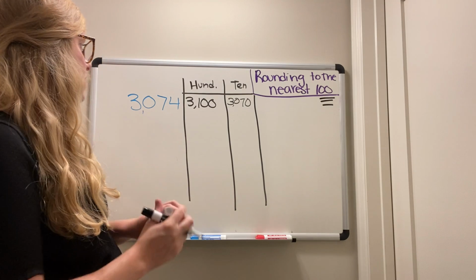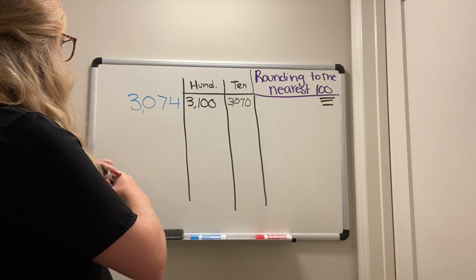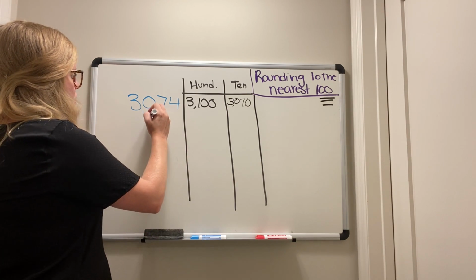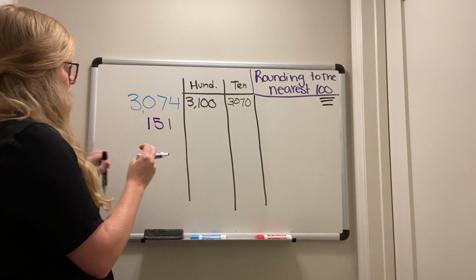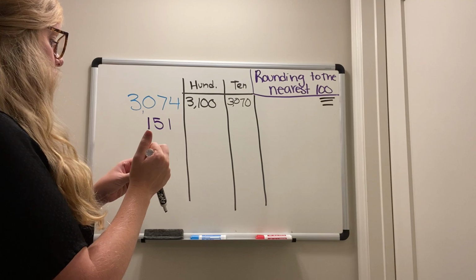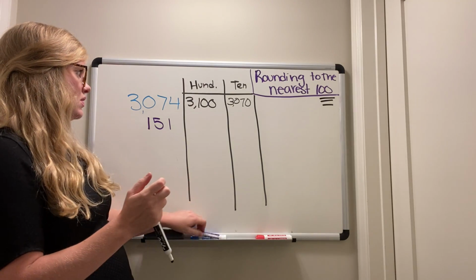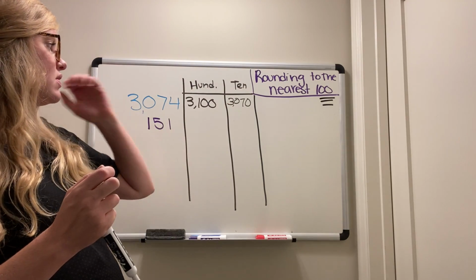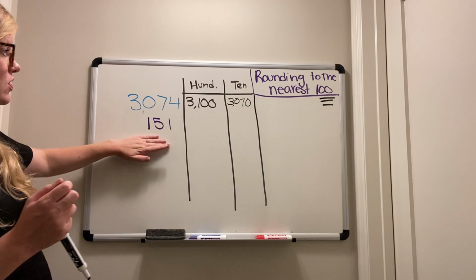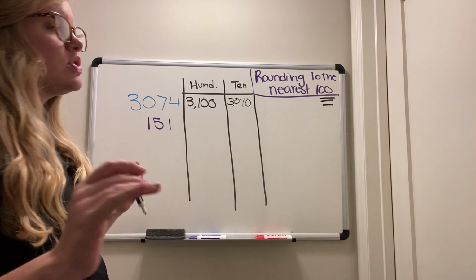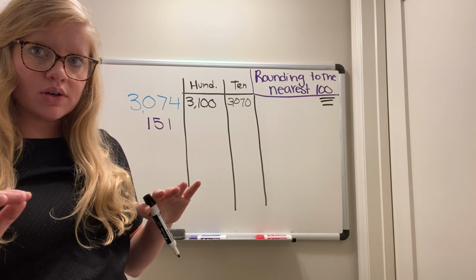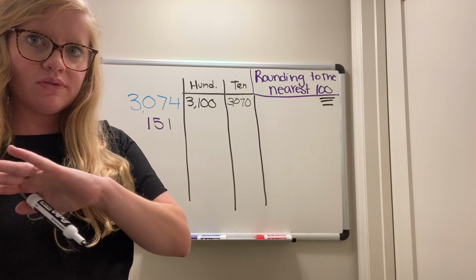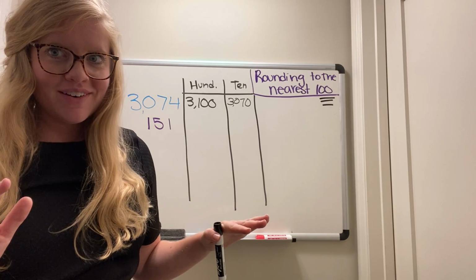Let's try our next number. 151. Let's try that. What is this rounded to the nearest 100, and then rounded to the nearest 10? So 151. What 100s is that in between? 100, 200, 300, 400, 500. Oh, we went way too far, right?